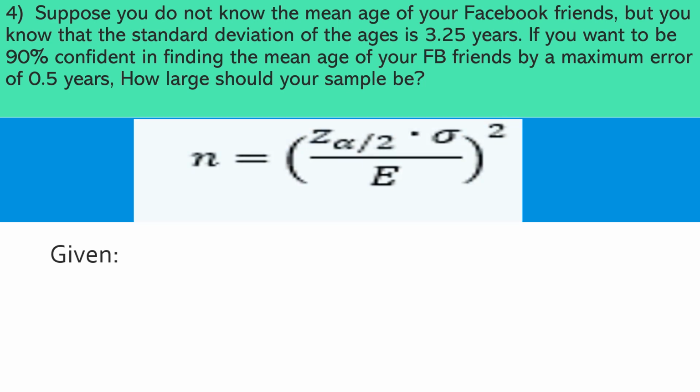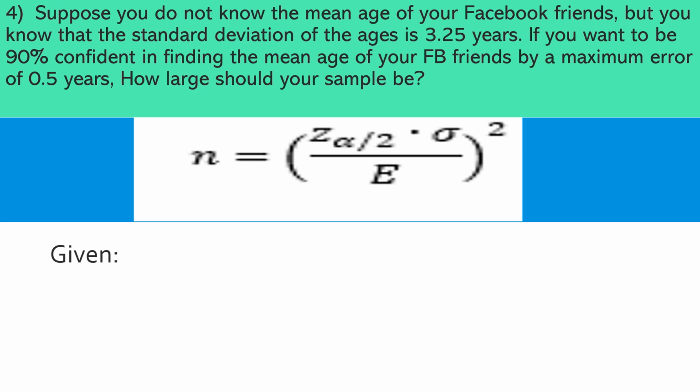Given the following data. So the formula to be used, similar with number 3, n is equal to z sub a over 2, which is the confidence coefficient, times the sigma, the standard deviation, divided by the e, which is the margin of error, multiplied by itself. No? Meron siyang quantity square. So what are the given facts? So z sub a over 2 is the confidence coefficient.